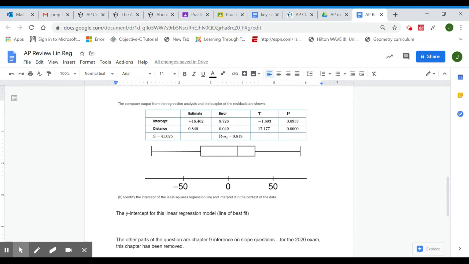The y-intercept for this regression model is negative 16.462. Now, bigger in this case is the interpretation of that.